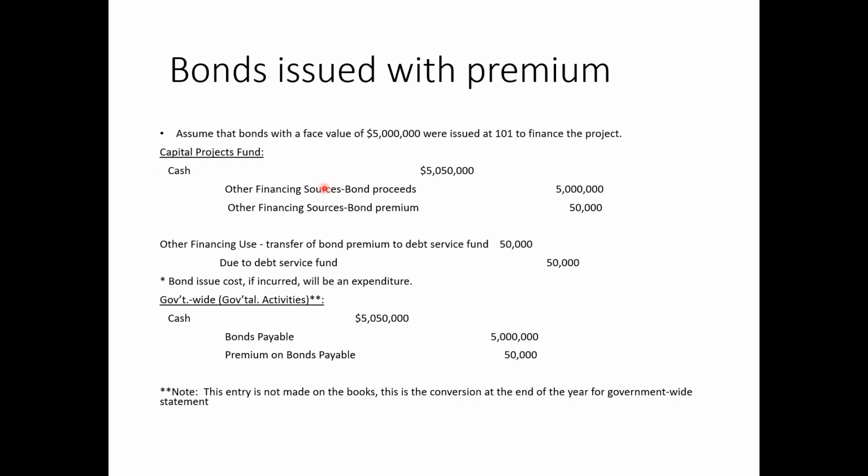We debit cash. This is 5 million multiplied by 101%. We credit other financing source, bond proceeds. And the premium is recorded as other financing sources, bond premium.